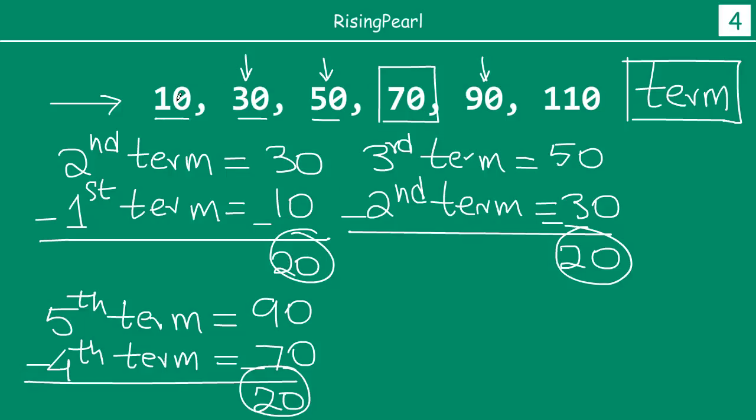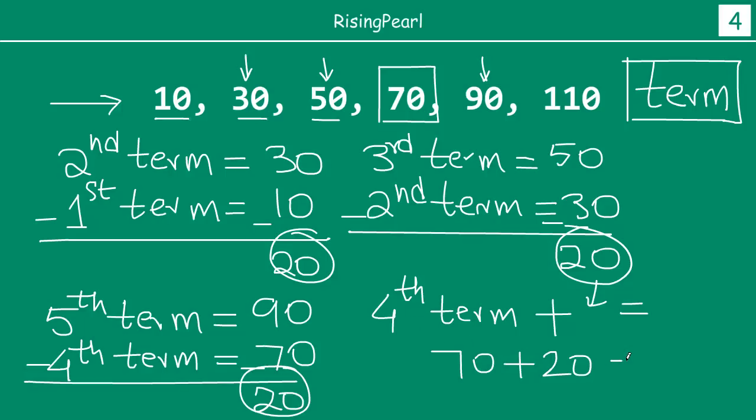For example, if I take the fourth term, which is 70, and add 20, then I get the next term, which is 90. This is really interesting.